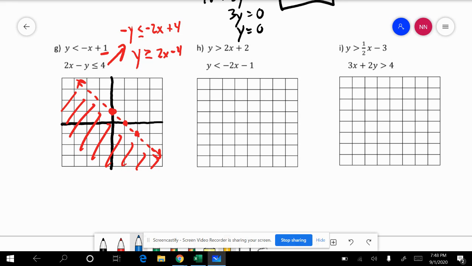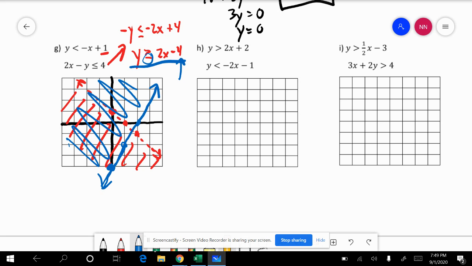Now with this one right here, I'm going to start at -4 on my y-axis because my y-intercept is -4. My slope is 2, so I'm going to go up 2 to the right 1, up 2 to the right 1. I'm drawing a solid line, and in case you forgot from algebra, the reason that it's solid is because of the equal to sign underneath the inequality. So whenever it's equal to, it's a solid line, and because it's greater than, I'm going to shade above.